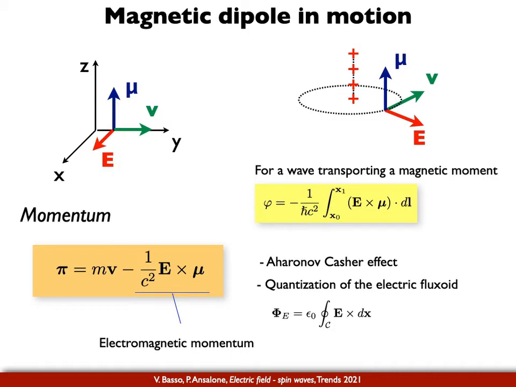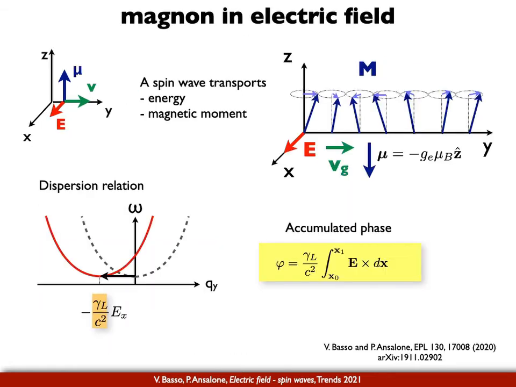But what we are interested in here is that we have not only particles with magnetic moments that behave like waves, but we have classical waves that transport magnetic moments. And these waves are the spin waves. So let's take the same thing, but instead of a neutron with a magnetic moment, let's consider a magnon.